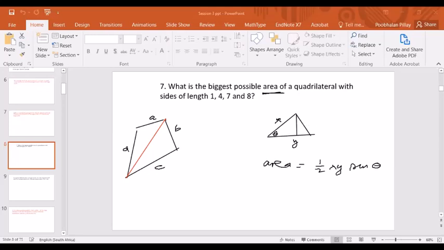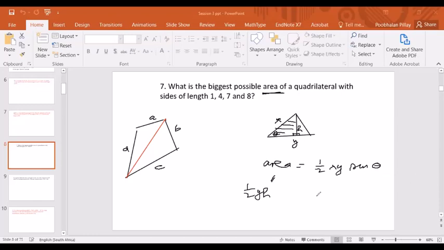So if I give a name to this height, then the area is half base, use the symbol y, times the height.